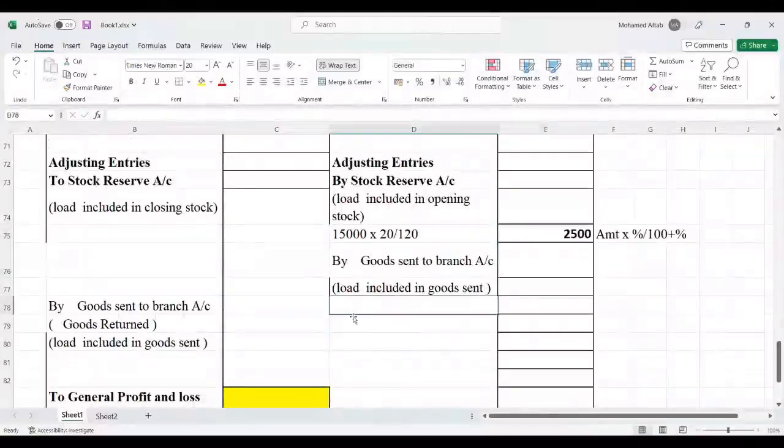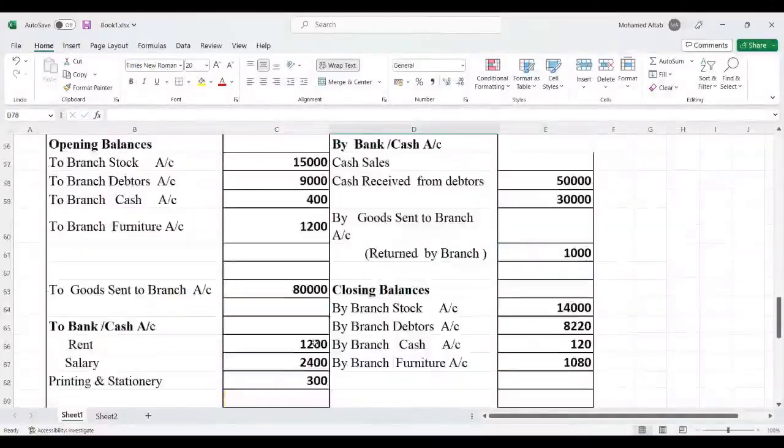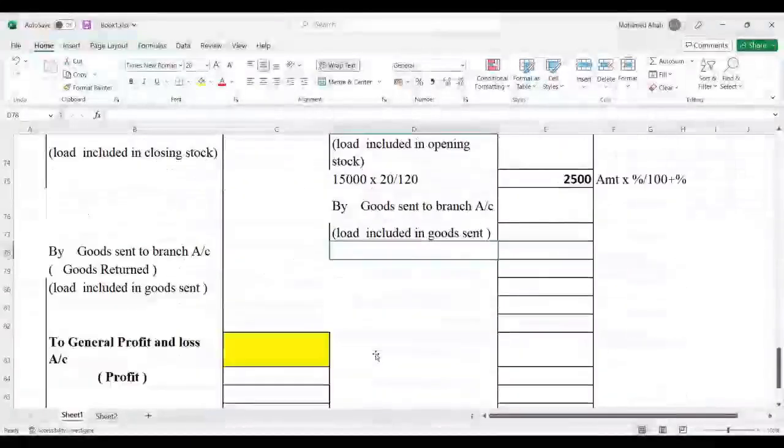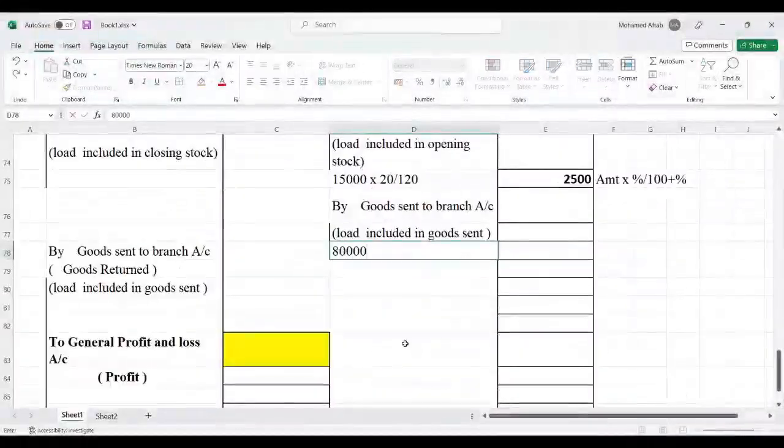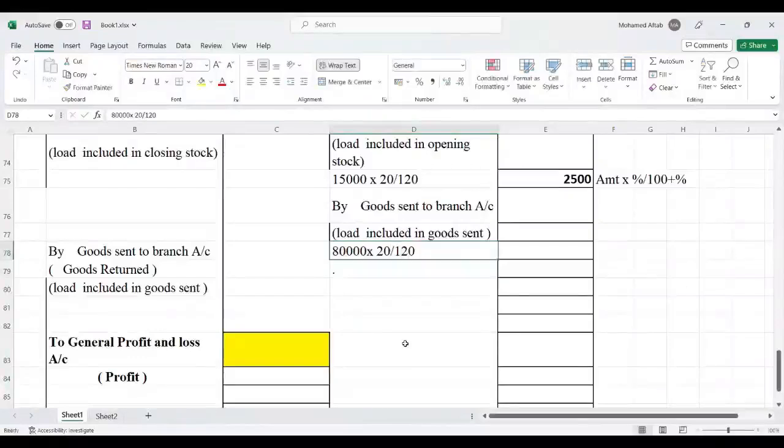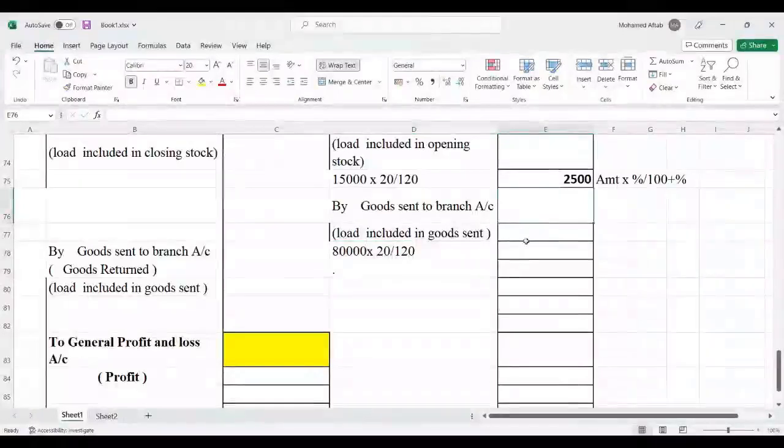Next let us calculate for goods sent. Goods sent is given, that is 80,000. 80,000 into 20 by 120 is 13,333.